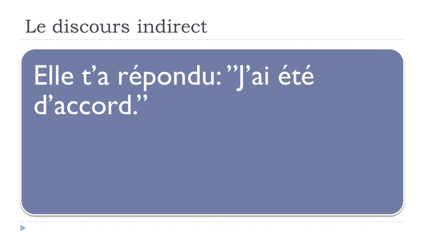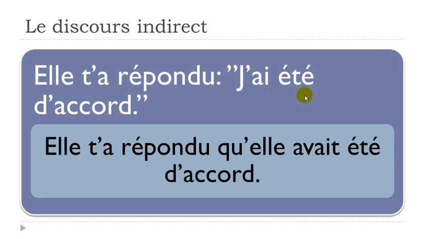Elle t'a répondu, j'ai été d'accord. So j'ai été is the passé composé. That's what we'll have to modify and put at the plus que parfait, like here, elle avait été. So we get: elle t'a répondu qu'elle avait été d'accord.